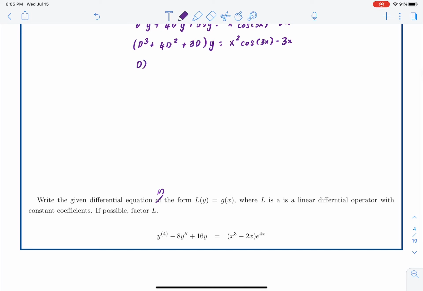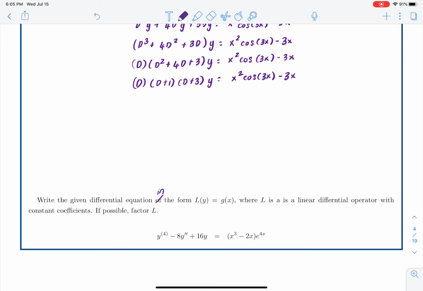I have a D in common, so I have D squared plus 4D plus 3, y equals x squared cosine 3x minus 3x. I can factor D squared plus 4D plus 3 as D plus 1 times D plus 3, y equals x squared cosine 3x minus 3x. So L of y is D times D plus 1 times D plus 3, y, and g of x is x squared cosine 3x minus 3x.